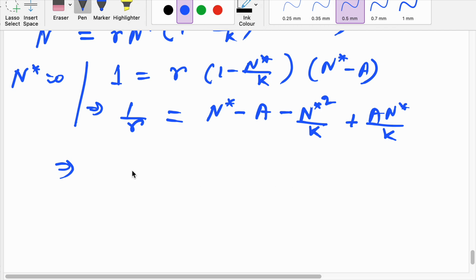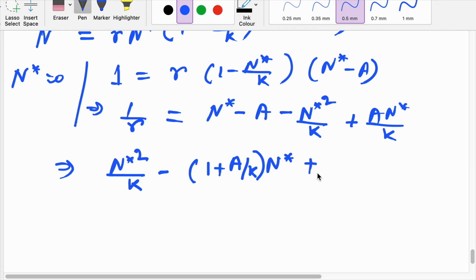So this is n star square by k minus 1 plus a by k into n star plus a minus 1 by r is 0.